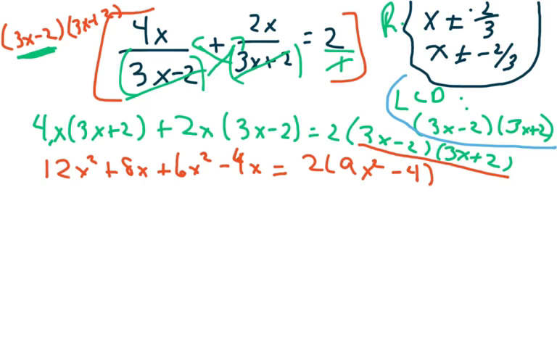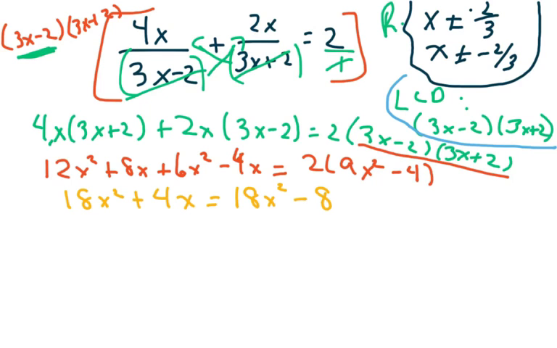I'll clean up even further, get 18x squared plus 4x equals 18x squared minus 8.